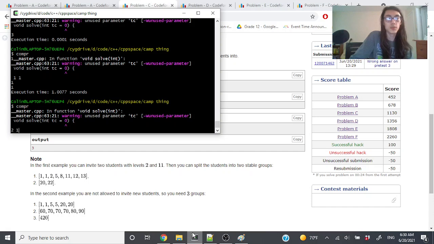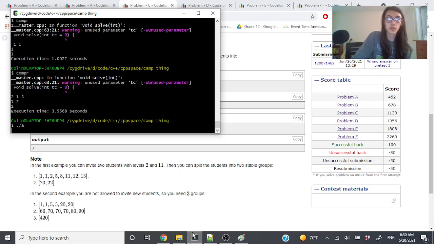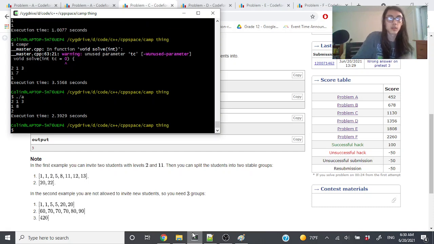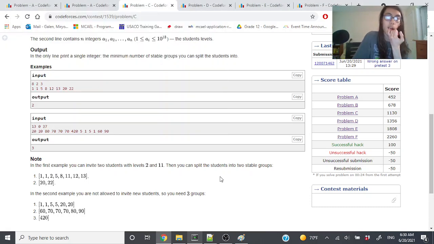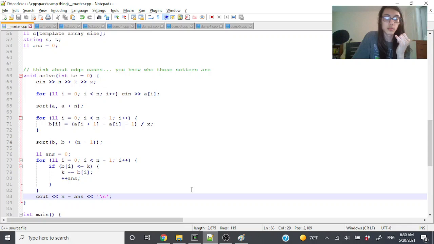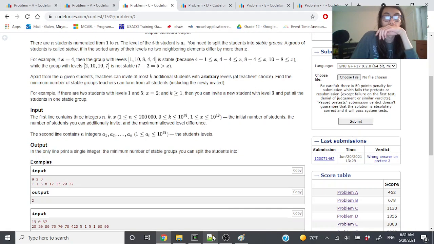Um, 2, 1, 3, 1, 7. This is the number of merges we can make. X cannot be 0.